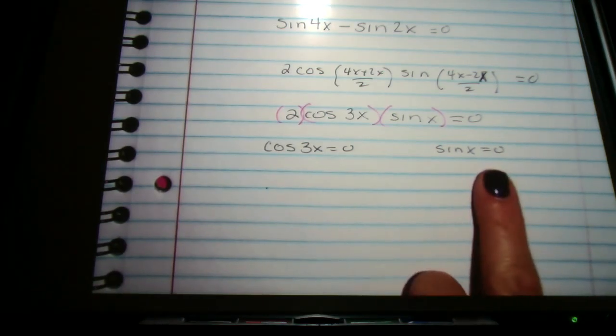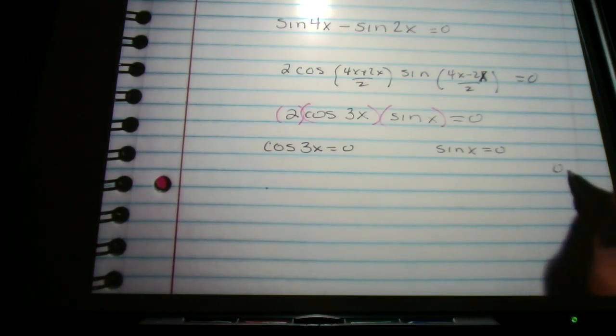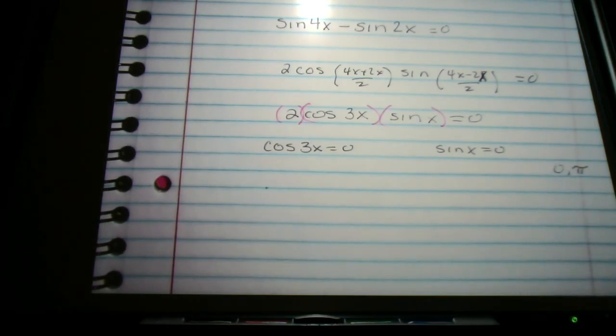Let's do the easy one. When does sine of x equal 0? 0 and pi. So there's the easy one.